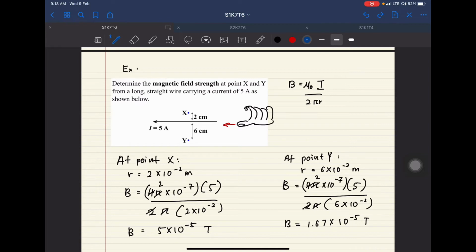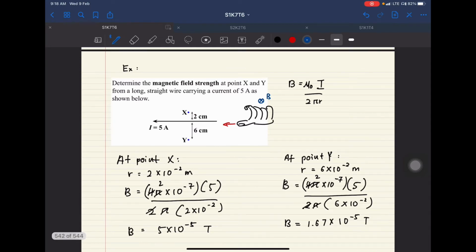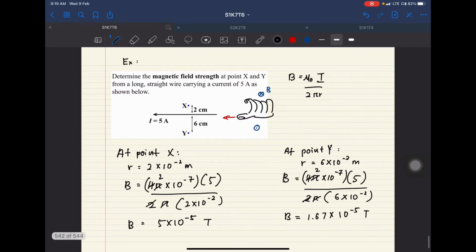So over here, the direction of magnetic field is into the page. On the other hand, it will be going out from this part. So I can say that at point X, my magnetic field is going into the page, and at point Y, it's going out of the page.